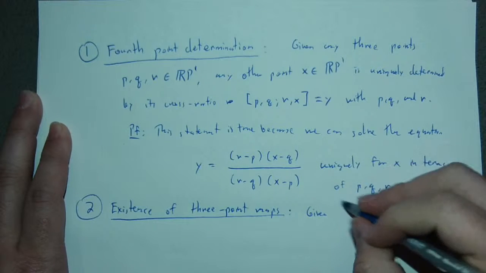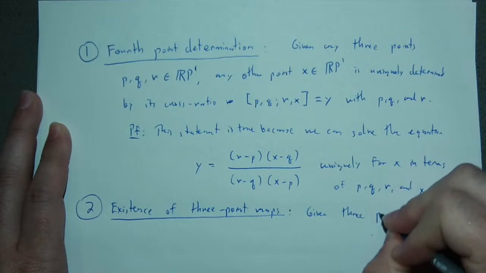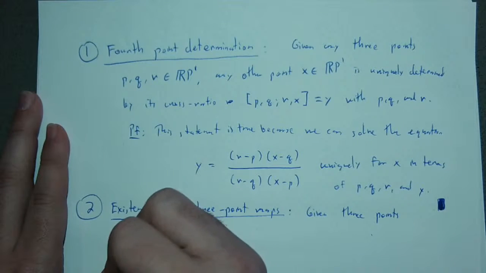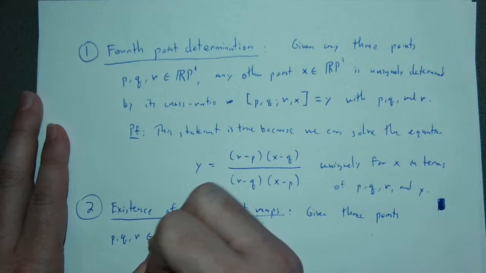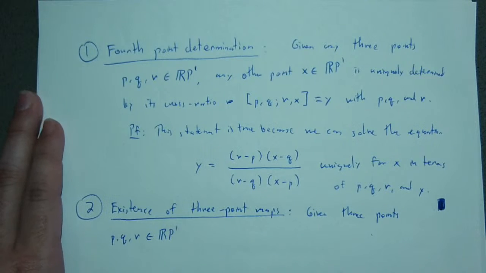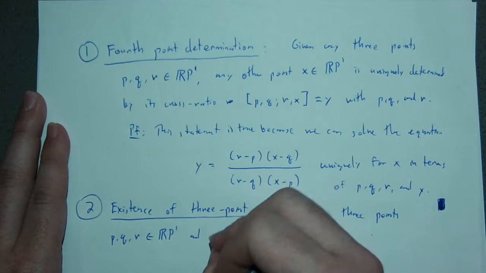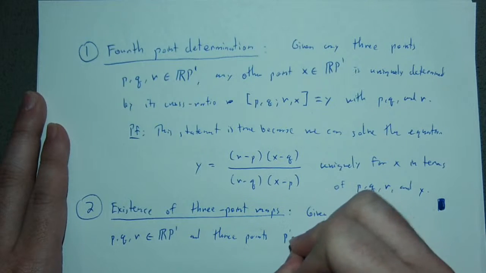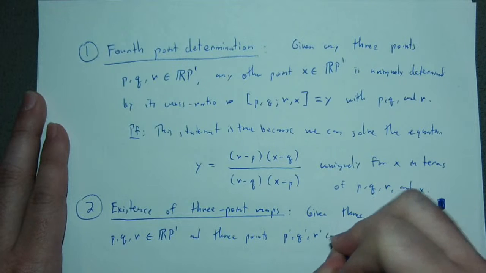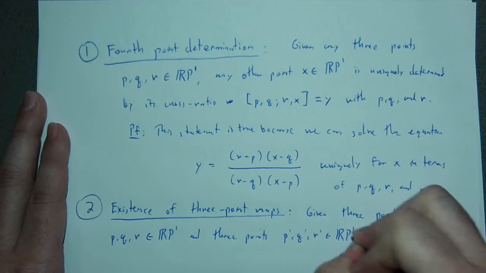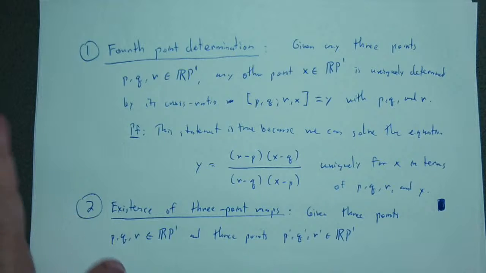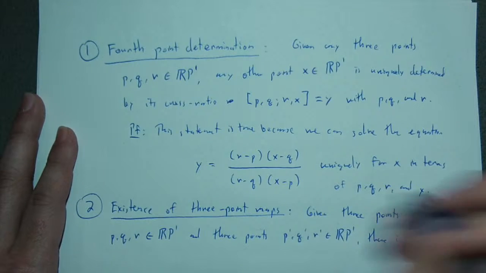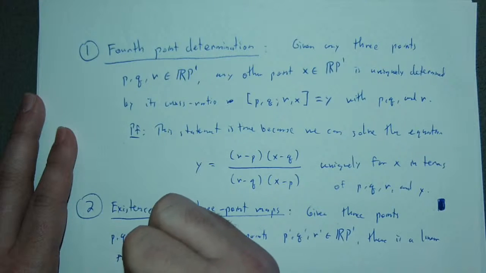So given 3 points P, Q, R in RP1 and 3 points P prime, Q prime, R prime in RP1, there is a linear fractional transformation.